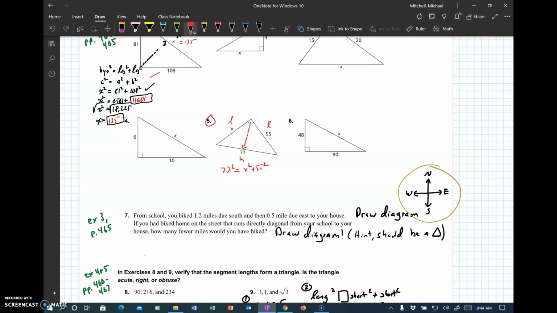I got to go to the calculator just like you on this one. 5929 it looks like. 5929 equals x squared plus, let's see, 3025. Do your subtraction. That's what I got after the subtraction.